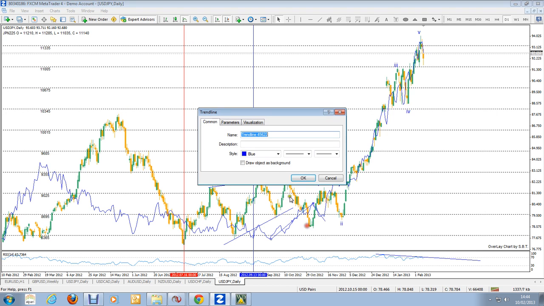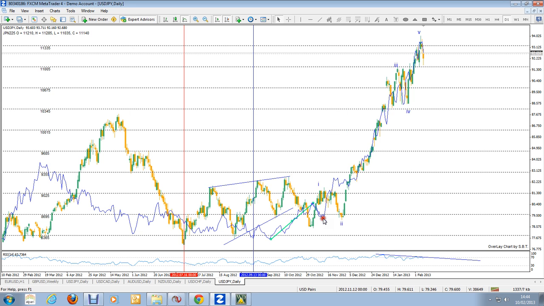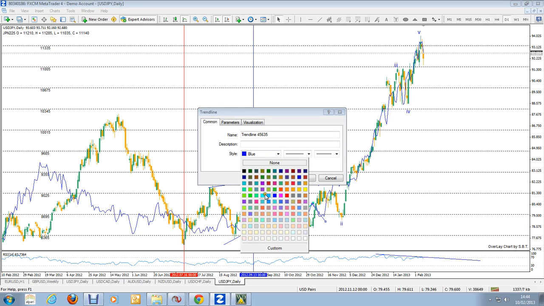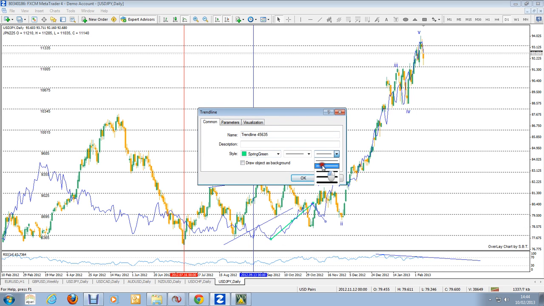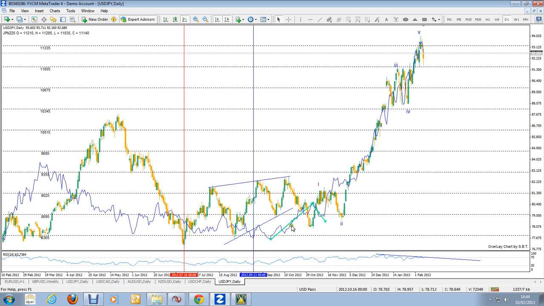I'll make them slightly thicker lines to contrast, and then I won't spend the same depth of analysis on the other US dollar pairs. We'll be able to draw some conclusion from this one. So we've got wave 1 and wave 2, and then starting up from there we've gone up 1, 2, 3, 4 and 5. So I think this one here is a wave 3.